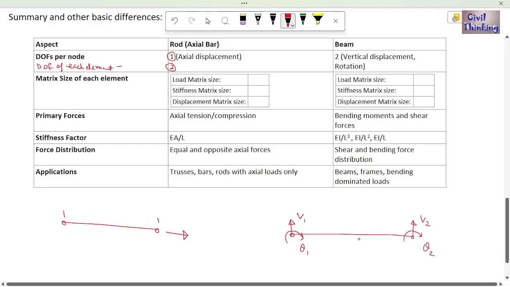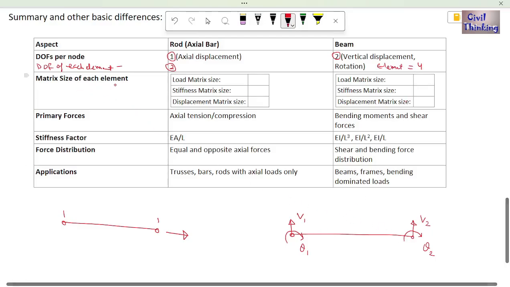So here it is 2, here it is 2, and 2 plus 2 is 4, okay? So for each node we have 2, and for the whole element, what is the degree of freedom? It is 4, right? 2 plus 2, okay?